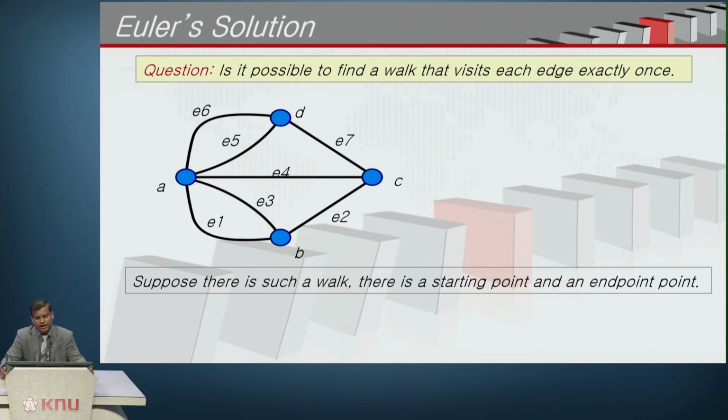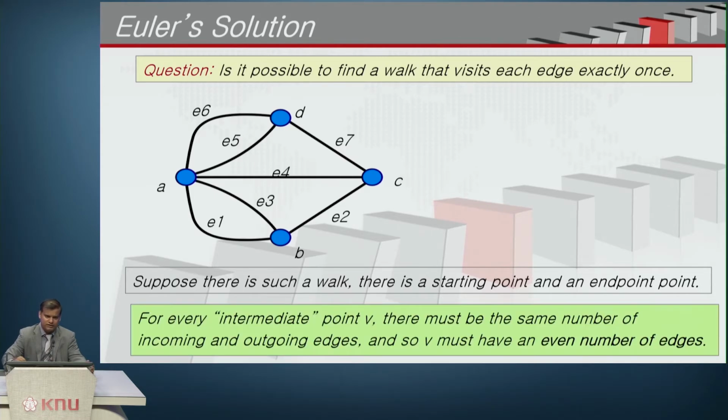Say you start from A and you go through E6, then E5, say for example E4, E2, E3, E1, and you are going to miss E7, because if you really want E7 you have to go through E2 again.